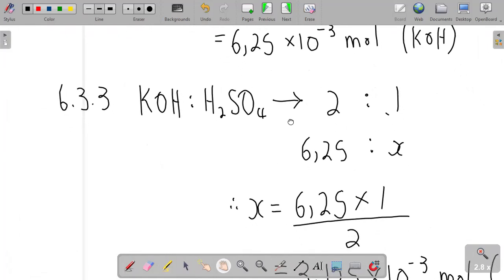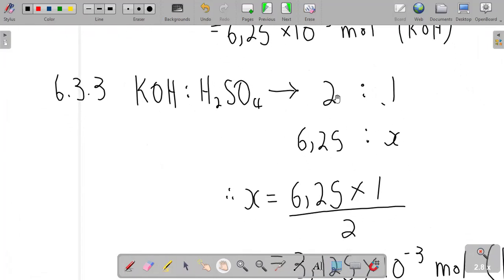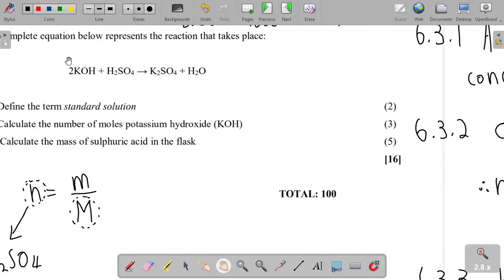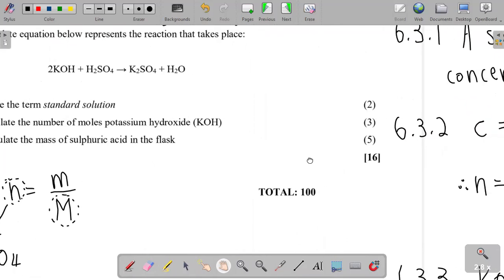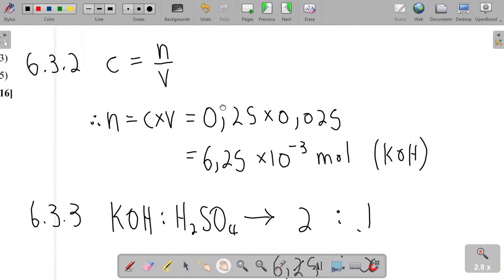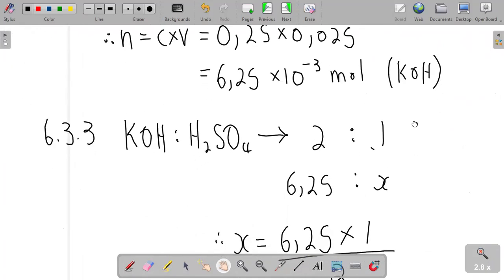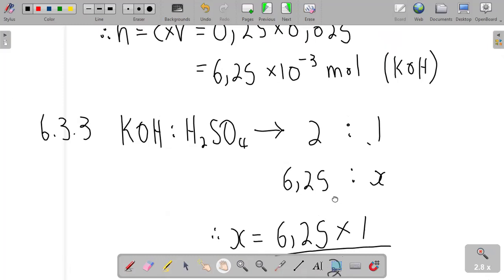So the first thing is that this ratio 2 and 1, it comes from where? It comes from here, the coefficients, the 2 here and the 1 there. There's nothing there. I said that if there's no number, you assume that there is an invisible 1. That's what I said. So that's what we get. So it means that potassium hydroxide and sulfuric acid is 2:1. And this, we have it from here.